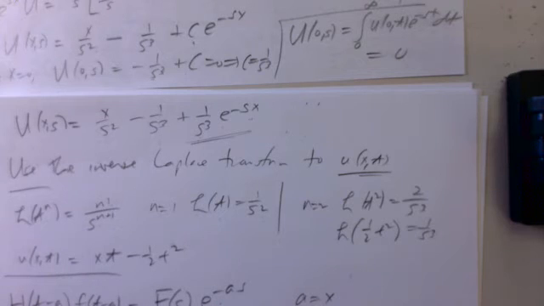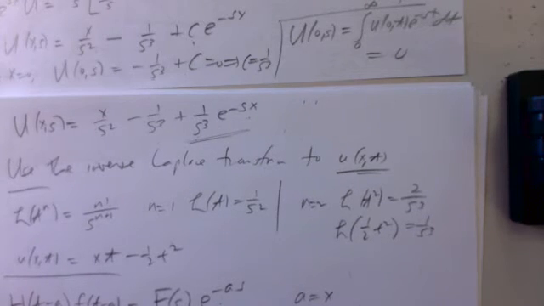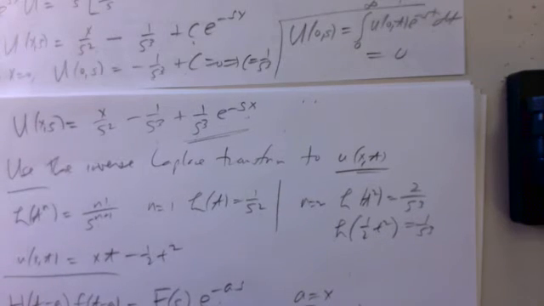What is this expression? This is h of t minus x, f of, so capital F is the Laplace transform of a function little f. We already saw that the Laplace transform of a half t squared is 1 over s cubed. So oops, let's see, something is not quite right.